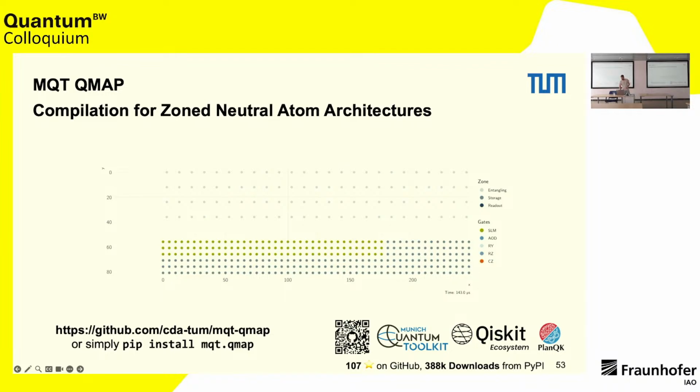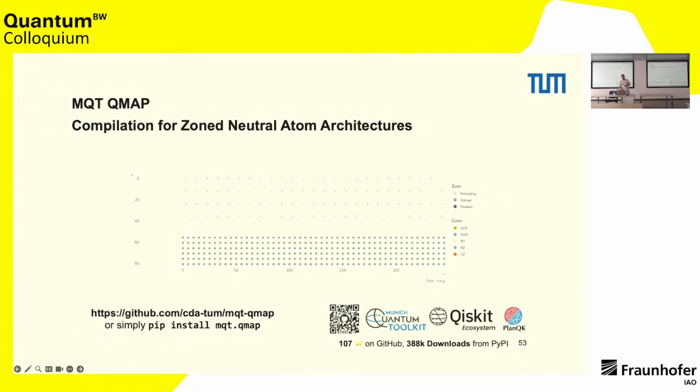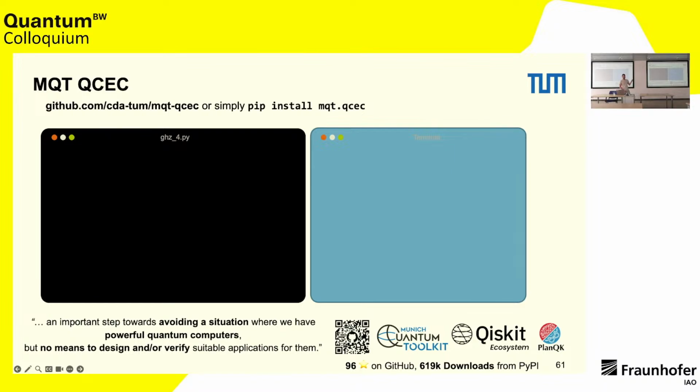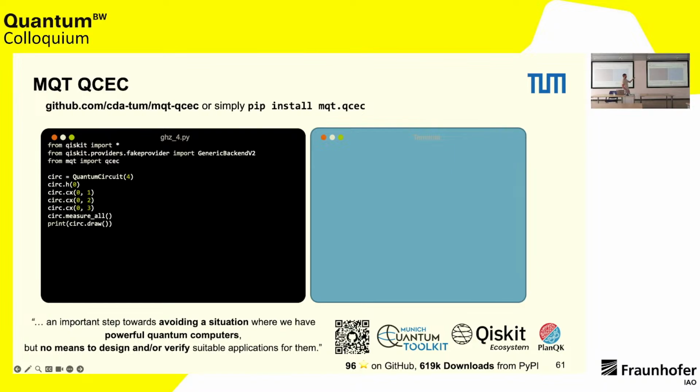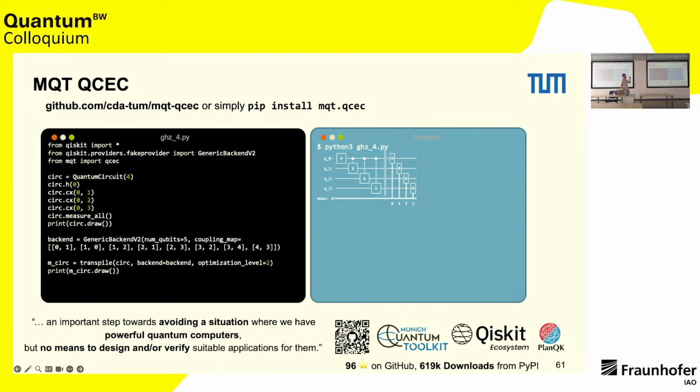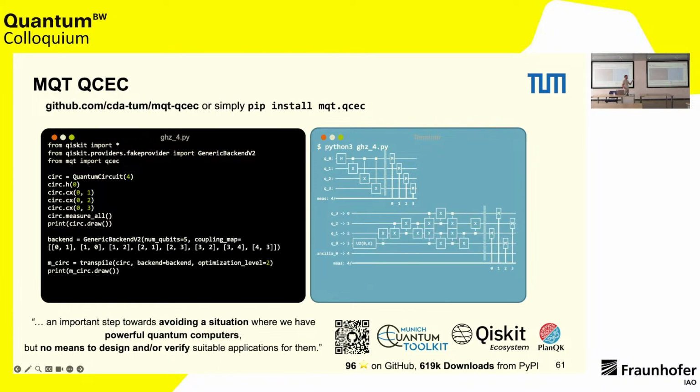I'll briefly skip one of the topics that is very dear to my heart, but in the interest of time, I'll not talk about verification, but you should all verify your circuits, and I'll keep it as short as we have a tool for that. If you have 2 quantum circuits, you have one, you have a second, maybe a compiled circuit, and you want to know that that compiled circuit still does the right thing, then the tool is called QCEC, and it's a single line of Python.